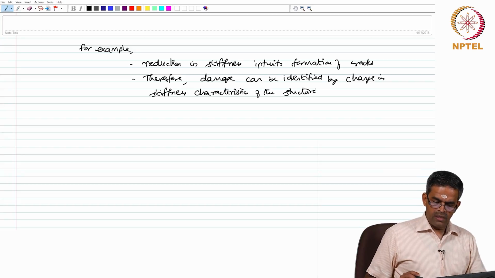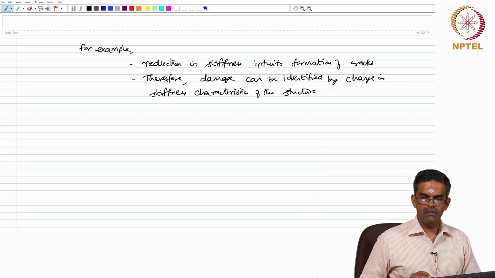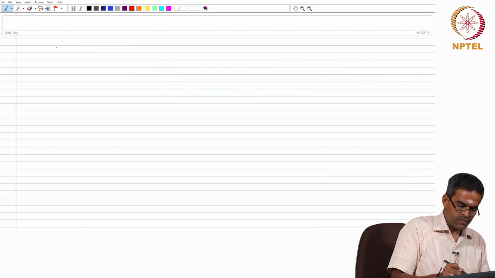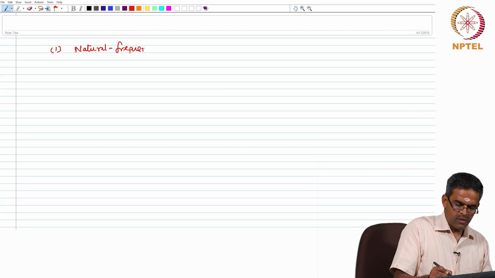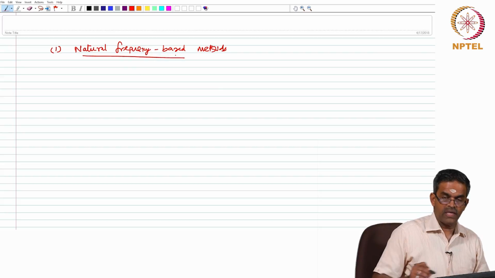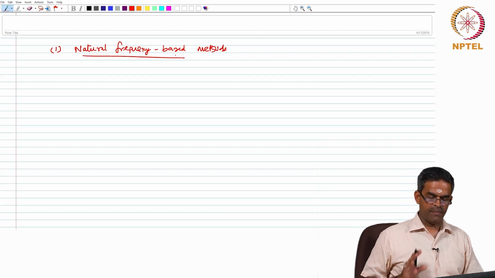Let us see different methods and now start comparing and contrasting the methods within themselves. Let us say the first method is natural frequency based methods. We will pick up this set of methods which work essentially on natural frequency measurements of the system to detect damages.